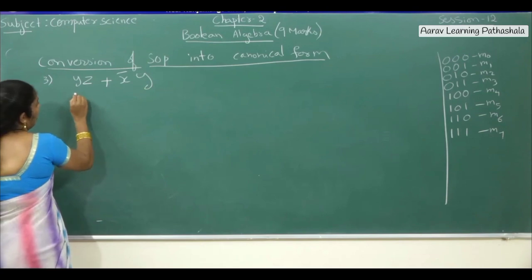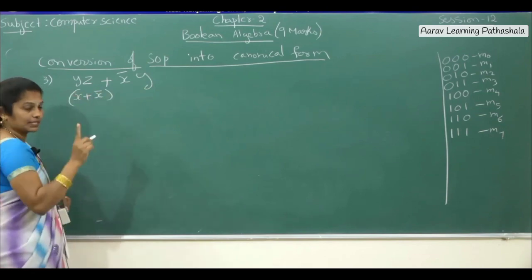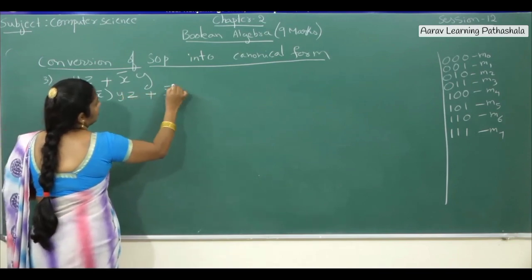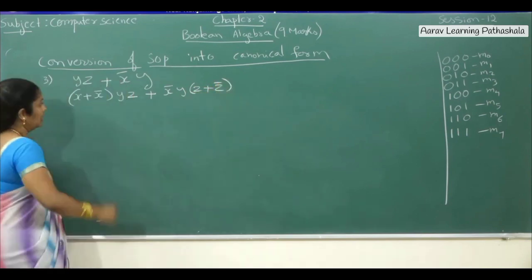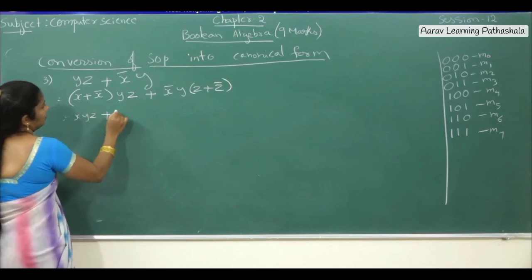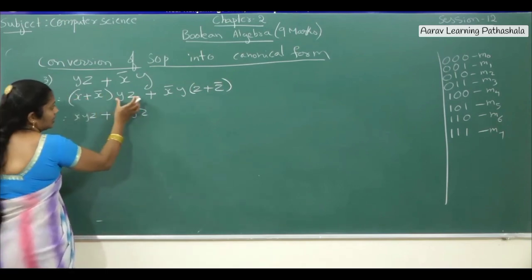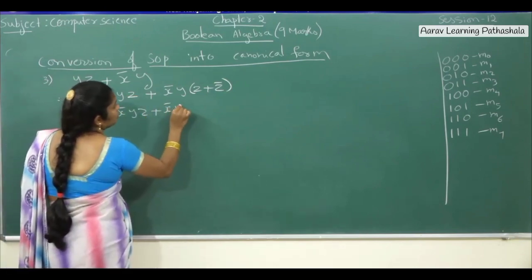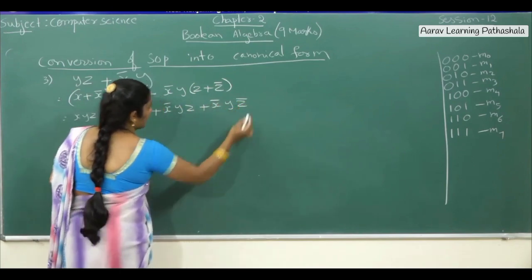Therefore, x plus x bar represents 1: yz plus x bar y, z plus z bar. Now distribute this: xyz plus x bar yz. First I am going to take this with the first part, then with the second part: plus x bar yz plus x bar yz bar.